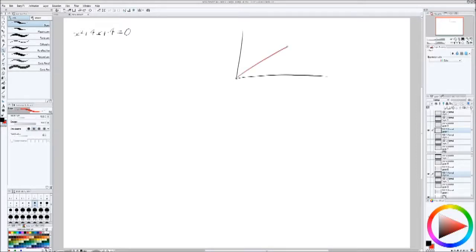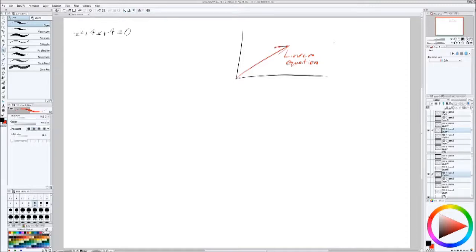So, yeah, you end up getting a line that goes like that. Now that is a linear equation. And it's called linear because x is not to the power of anything. X is just multiplied by other numbers.